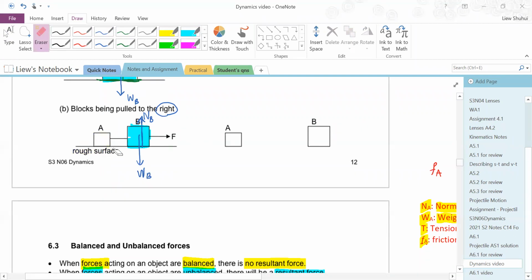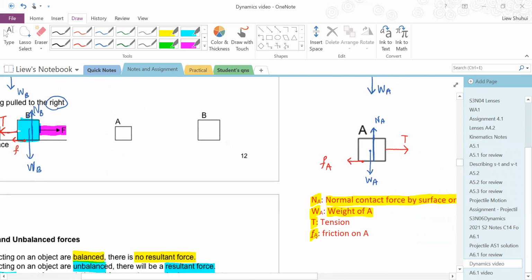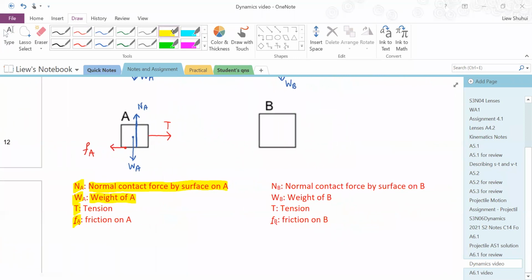If A experiences a tension to the right, B experiences a tension to the left. This is the same tension, same magnitude, opposite direction. B is still on the rough surface, so B will also experience friction. And there is a force pulling box B towards the right. In the free body diagram, there will be the force F that was drawn in the question.